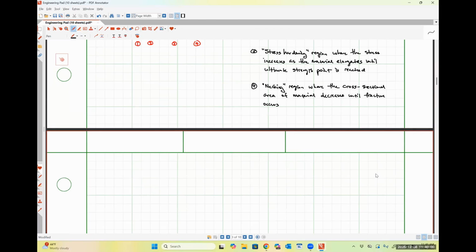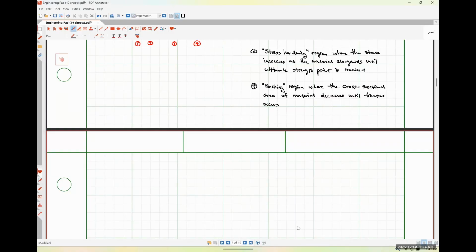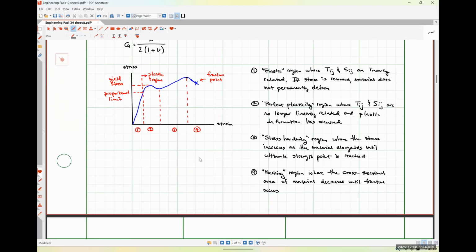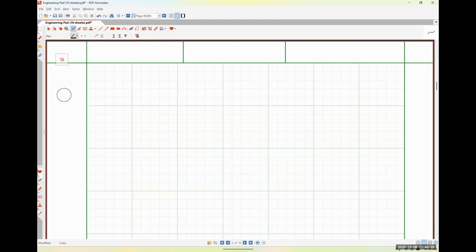All right. So in this class, we're going to be dealing mostly with semiconductor materials as our substrate, okay? Now, a semiconductor material is a very brittle material. So its stress-strain relationship is going to look significantly different from something like a metal, which is what this is more in tune with, right? So for a semiconductor, we're going to see something like this.